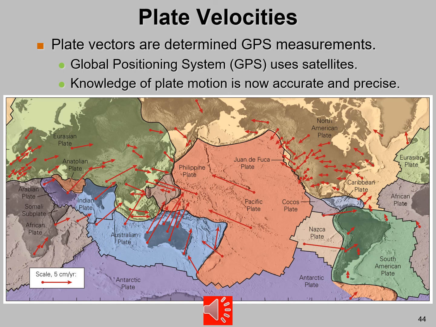For example, at a rate of 2.5 centimeters per year, or about an inch a year, a plate can move 25 kilometers in a million years and 2,500 kilometers in 100 million years. At this rate, the Atlantic Ocean opened to its present width of 4,500 kilometers in 180 million years since the breakup of Pangaea.